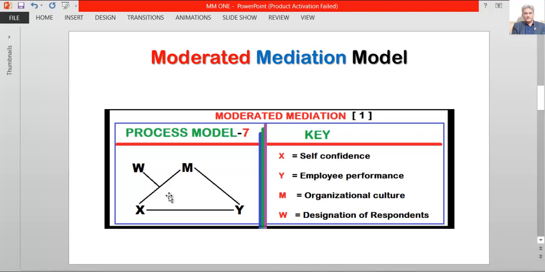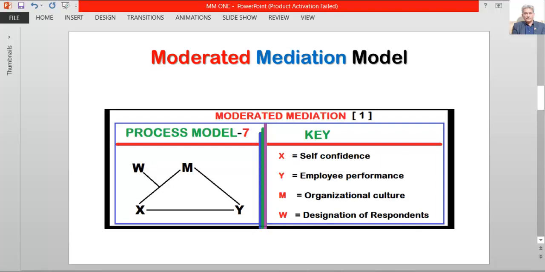Its model will appear like this: this is the mediation model, and it is affected by a moderator on path A. Moderators will affect this path as well as the C path, but in this presentation we are going to test how the moderator affects path A and thereby contributes to the direct, indirect, and total effect of X on Y. In our example, X refers to self-confidence, M refers to organizational culture, Y is the employee performance, and W will be the designation of respondents.